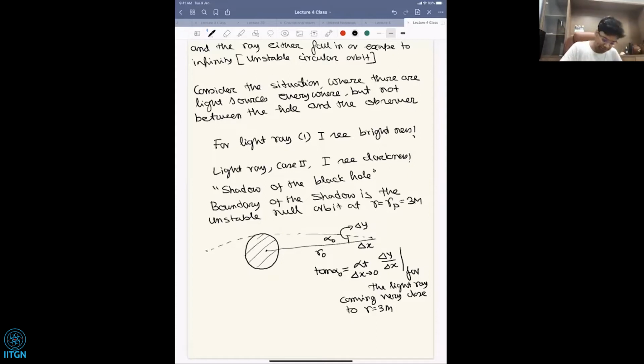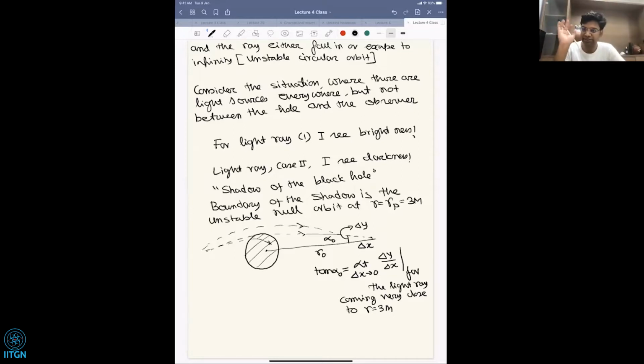All other rays are going into the horizon, and the others are also coming to me. So this alpha naught is the angle which we want to calculate as a function of r naught. You want to know what happens if I go very close to the black hole, or go farther away, and how much of the sky I see as this dark spot.